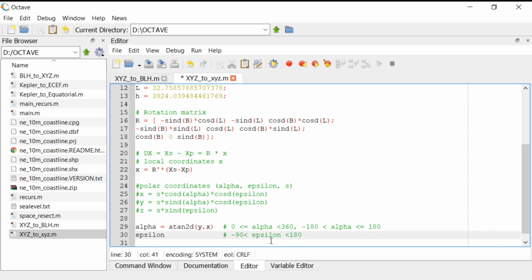It will never take absolute values larger than 90 degrees. The absolute value of epsilon will never be larger than 90 degrees. That's why I can use a simple atan function here. So atan2d is unnecessary.